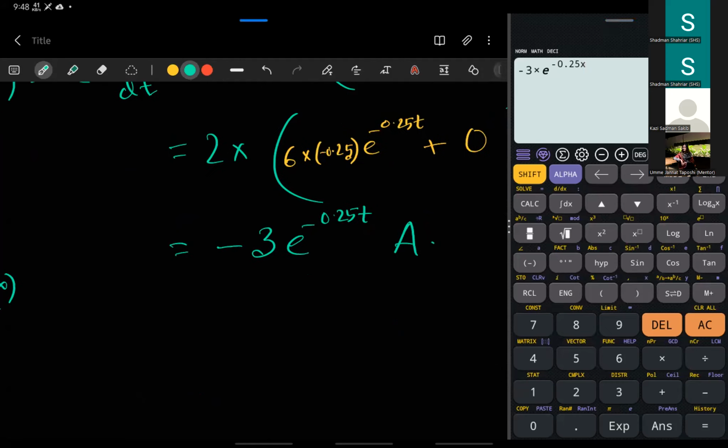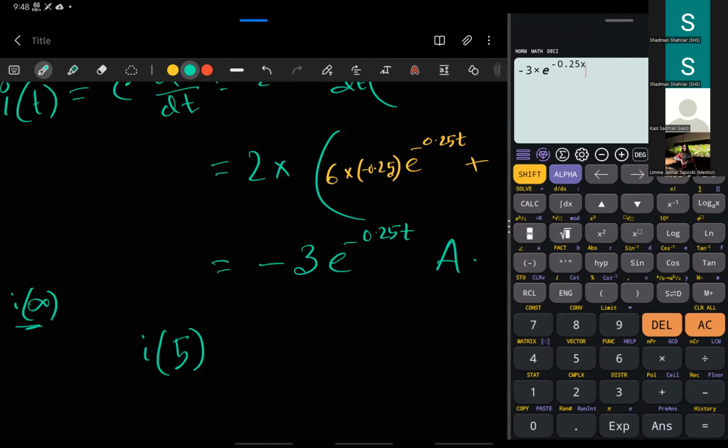And you just put in the value of 5. You can use this calc button. There is a button called calc, and whatever the value of x you put in, you will get the result. So for example, if I put in 5 and press equal, this is the value of I5. Okay, minus 0.86 ampere.